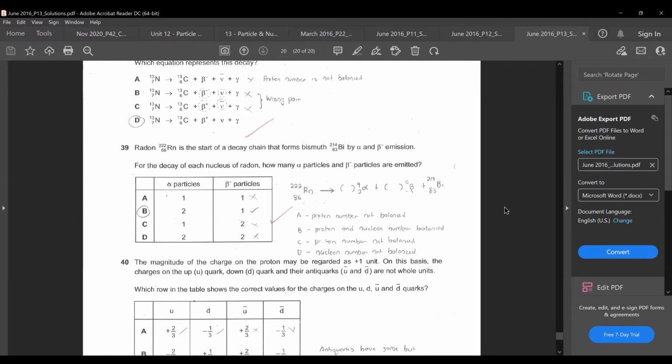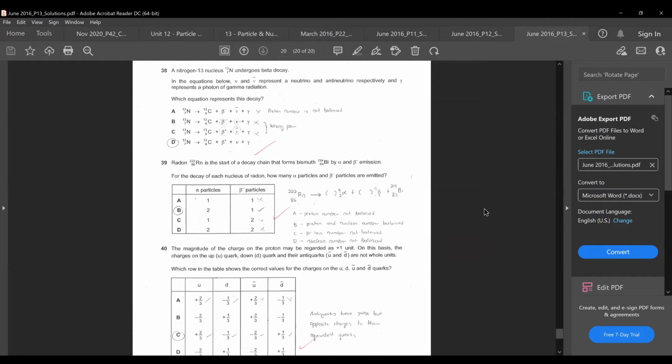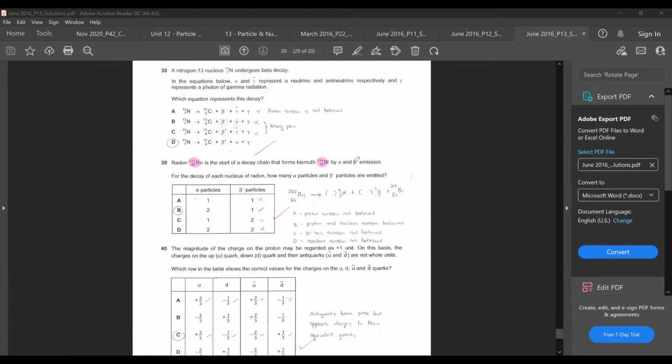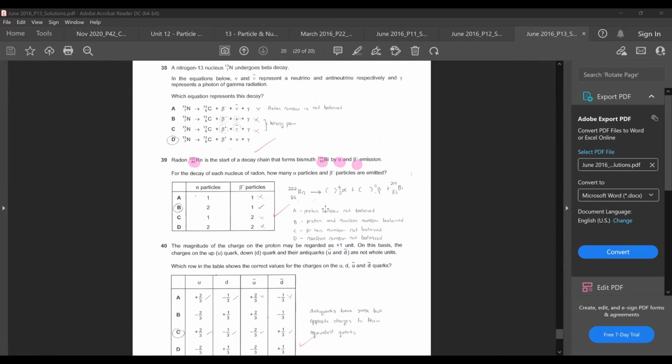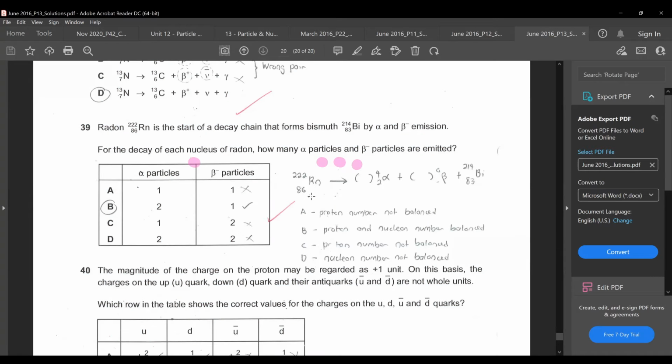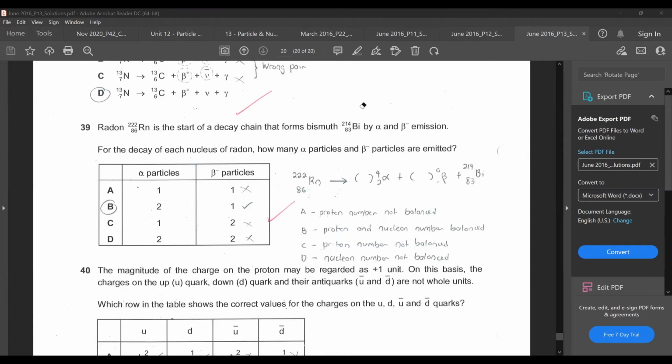They tell you radon will decay to bismuth by alpha and beta minus emission. So the easy way to do this one is to start off with your equation.